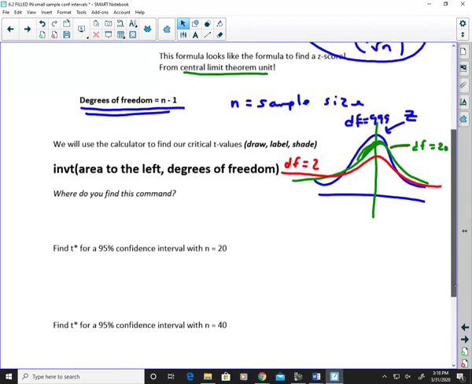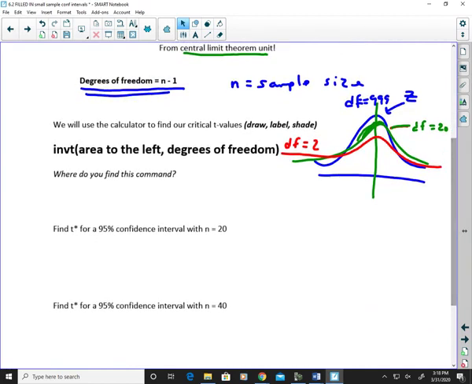So the command that we use to find this, because these T distributions change depending on the degrees of freedom, we're going to have to put that degrees of freedom into the formula, and it's going to tell us the critical T value using the inverse T, which is like inverse norm, but has a degrees of freedom, because it's changing constantly.